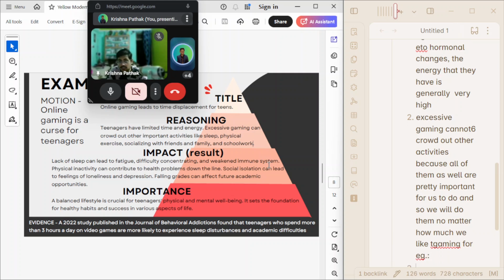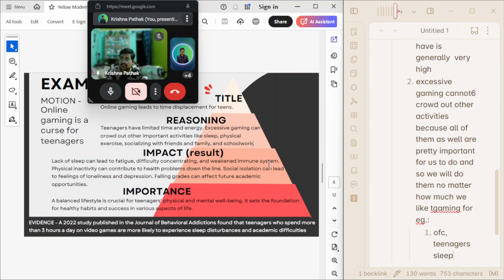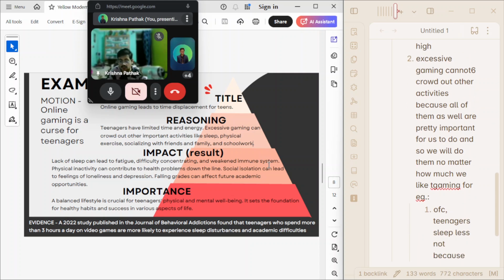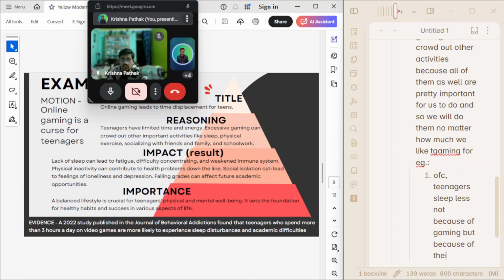For example, teenagers sleep less, not because of gaming, but because of their hormonal changes.